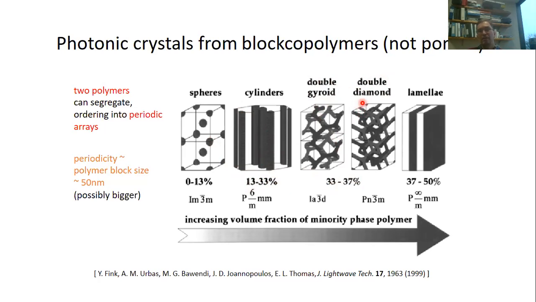So this is basically a diamond network, which is double interpenetrated, so one diamond network is interpenetrated by a second one. And if we go to 37 to 50%, then the tendency for curvature of the minority phase is completely eliminated, and we are getting a lamellar structure. Also, lamellar structures can be photonic crystals.